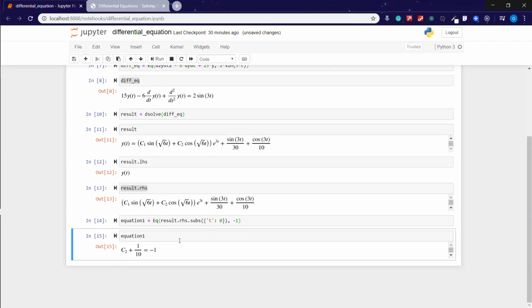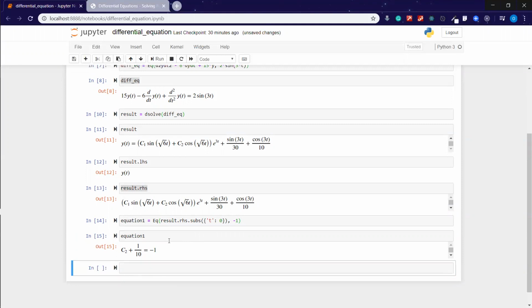So we could reassign equation 1 because we want to simplify this, right? So sympy can help us simplify this using the simplify function. So we just want to simplify equation 1. So this is equation 1, everything here, and we want to simplify it and reassign it to equation 1.